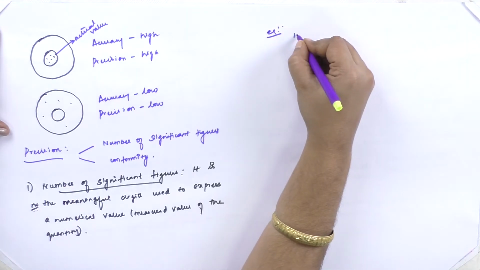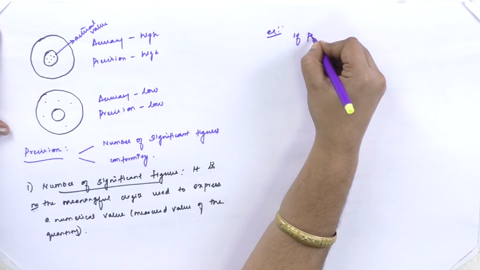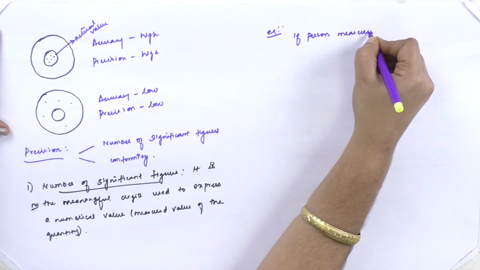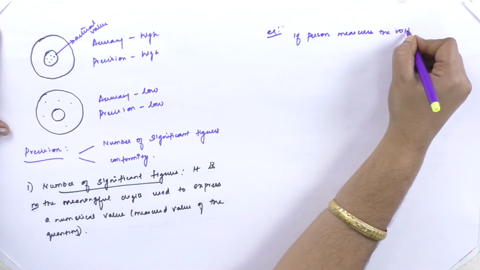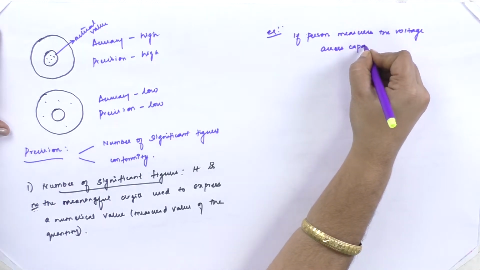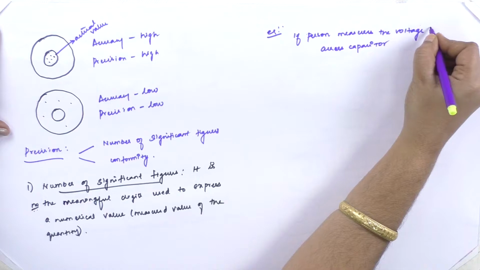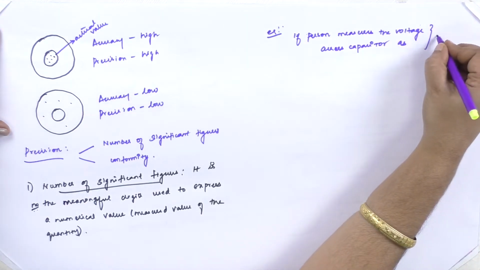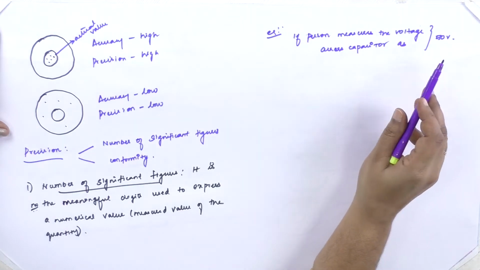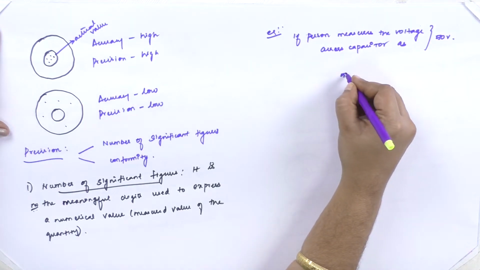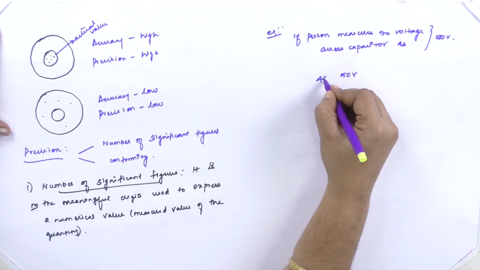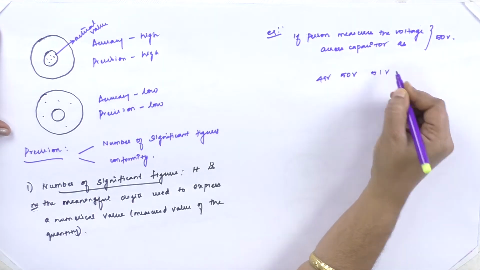Example, if a person measures the voltage across a capacitor as 50 volt, it means the value nearer to this 50 volt may be 49 volt or 51 volt.